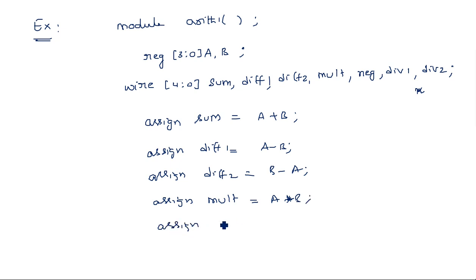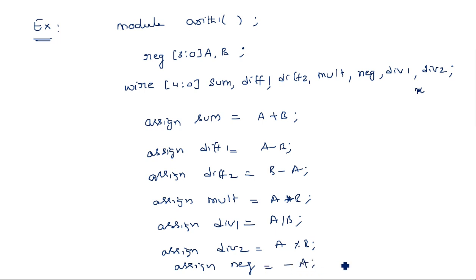And assign division 1 is equal to a divided by b, and assign division 2 is equal to a modulus b, and assign negative is equal to minus a. End module, no semicolon, nothing. Okay, end module. This is the way of writing a program, and these are the examples of arithmetic operations.